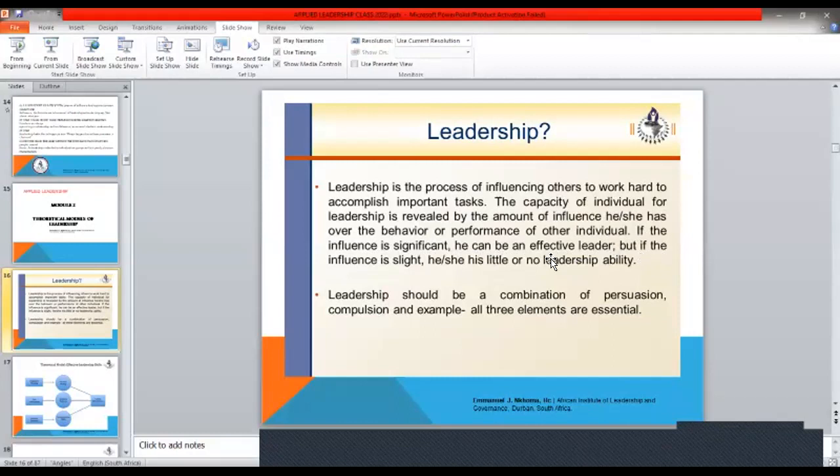But if there is little or no influence, he has little or no leadership ability. Number 2, leadership should be a combination of persuasion, compulsion, and example. All 3 elements are essential.